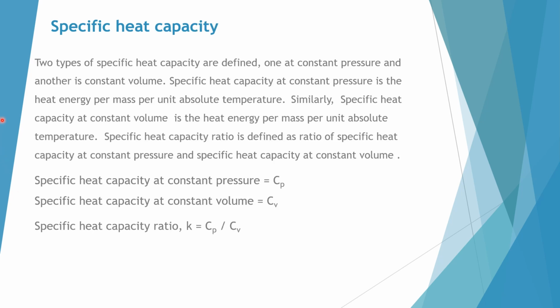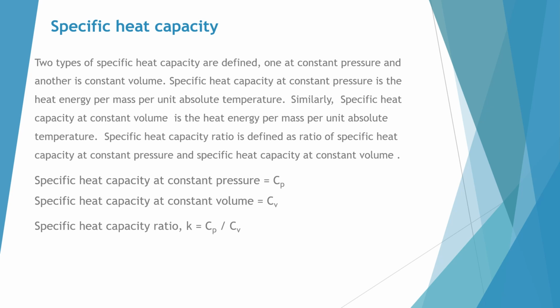Specific heat capacity. Two types of specific heat capacity are defined. One at constant pressure and another at constant volume. Specific heat capacity at constant pressure is the heat energy per unit mass per unit absolute temperature. Similarly, specific heat at constant volume is the heat energy per unit mass per unit volume per unit absolute temperature.